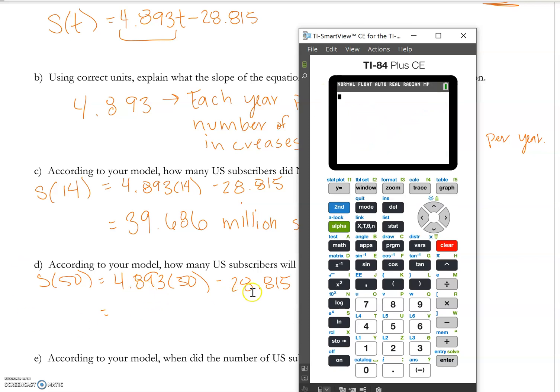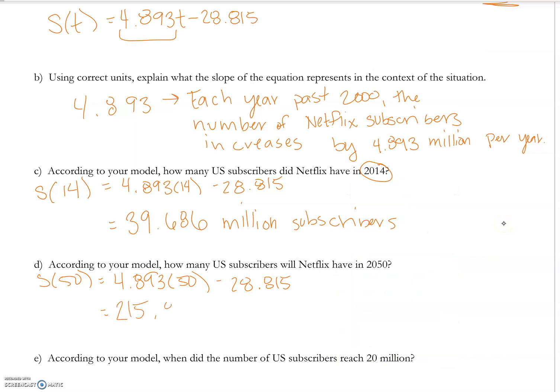But I'm just going to type this half of the equation into my calculator. 4.893 times 50 minus 28.815. And I get 215.835. And again, that's million subscribers. I don't necessarily care which way you choose to do it. Pick one that you like better and go that way.